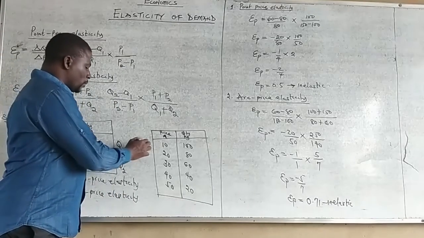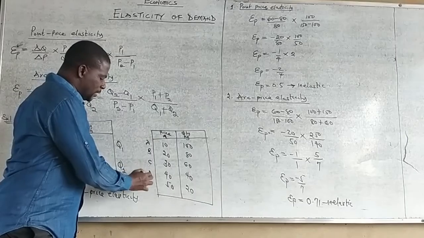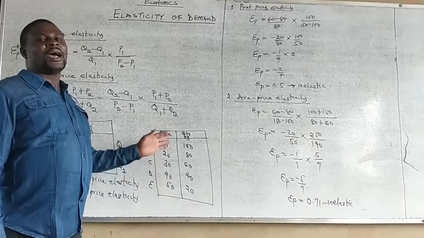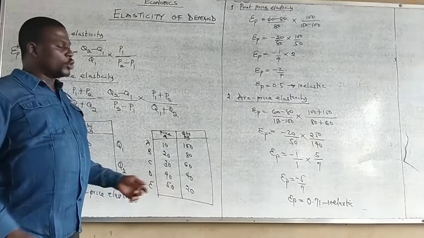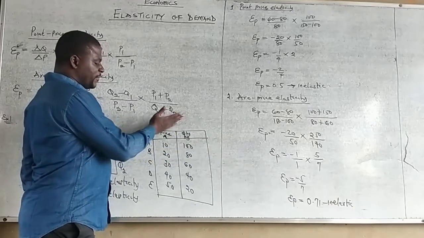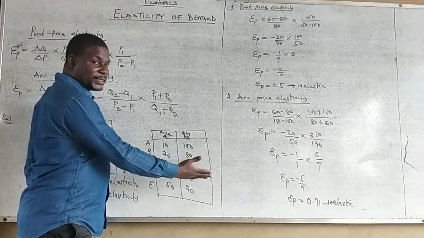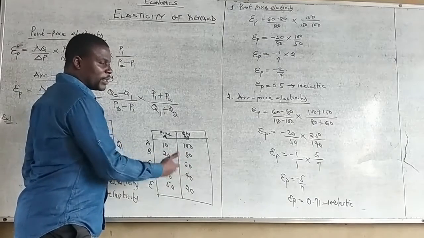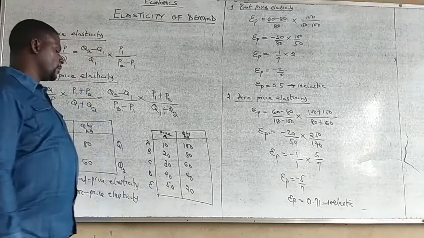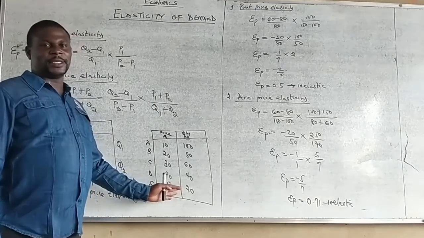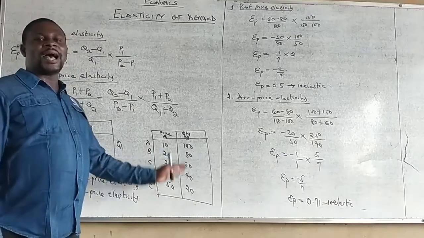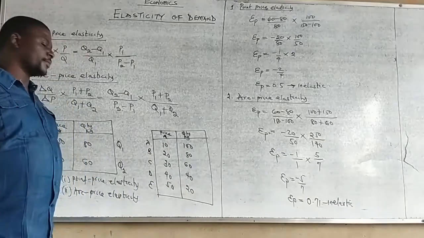So they can say this is A, B, C, D, E. They will now say at each point find price elasticity and arc elasticity. So what that means is that you first work with these two, get the answer. Then leave the first one, work with these two, get the answer. Leave this one, work with these two, get the answer. Leave that one, work with these two, get the answer. Okay. So that is going to be your assignment. For this table, find the price elasticity for each of the points and arc price elasticity.